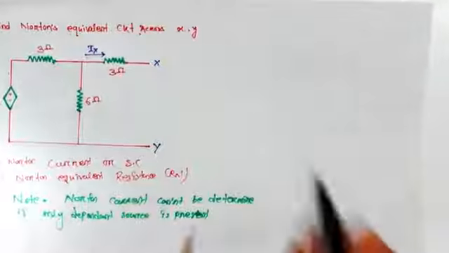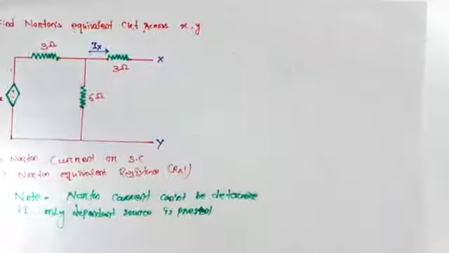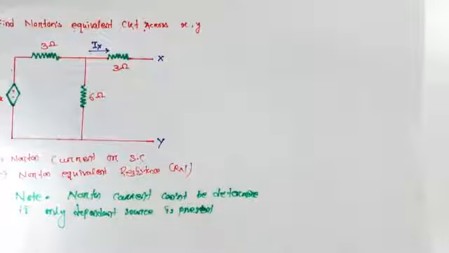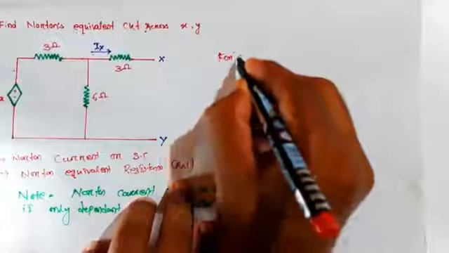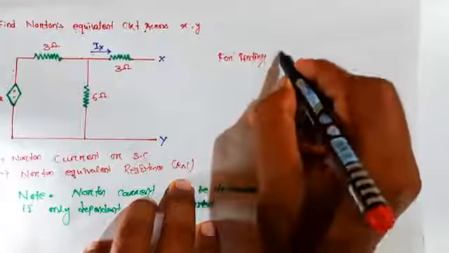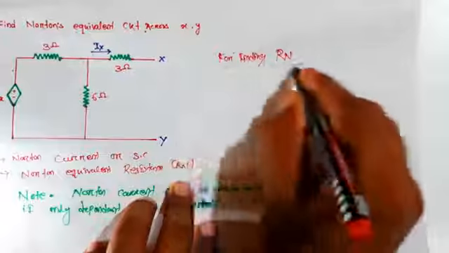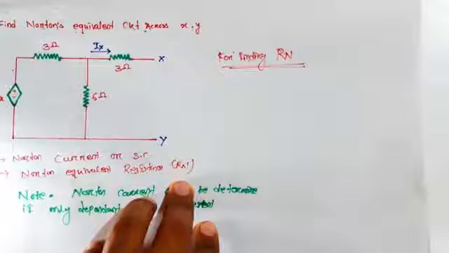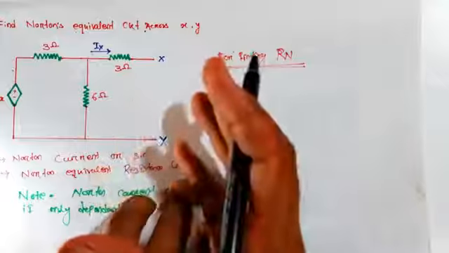For finding the Rn value, we know previously that for finding the Norton equivalent resistance we have two methods.